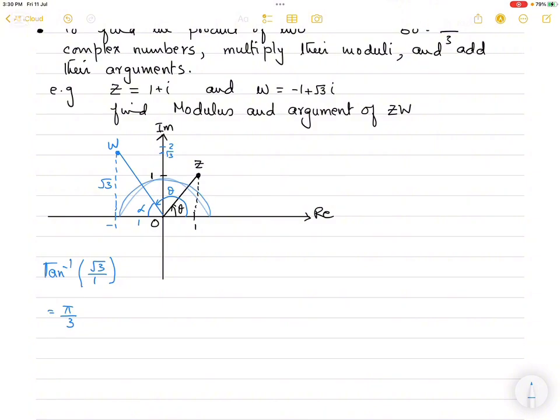From this 180, if you subtract alpha, you will get the theta of w. So pi minus pi by 3 gives 2 pi by 3. And the argument of z is tan inverse of 1 over 1, which is 1. Tan inverse of 1 is 45 degrees, and in radians it is pi by 4.